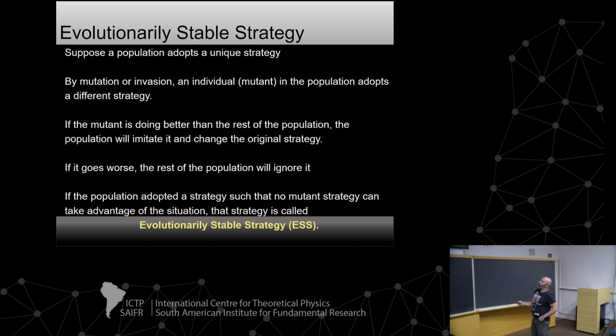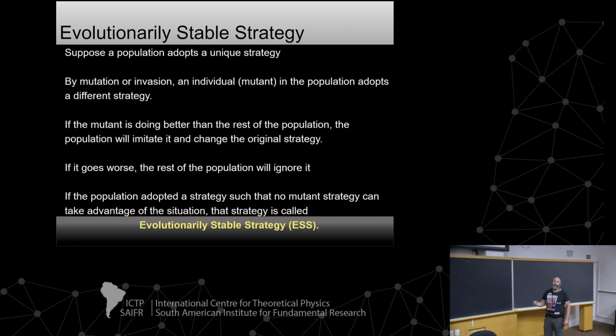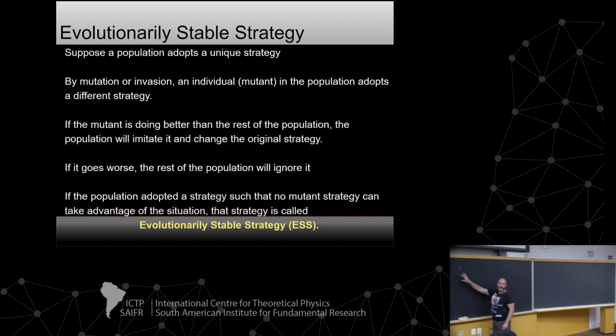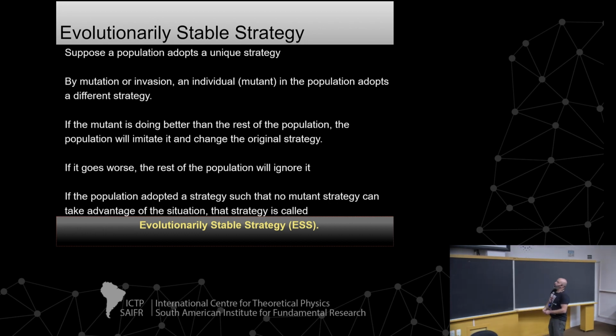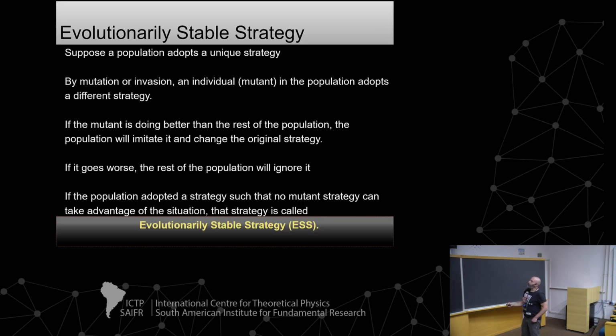If by mutation or invasion an individual in the population adopts a different strategy, and the mutant is doing better than the rest of the population, then the whole population will move and adopt the new strategy, or be invaded by this new mutant, because it has a higher fitness.